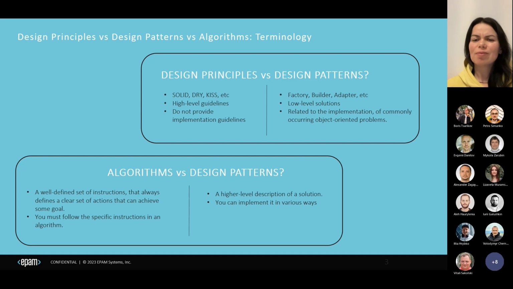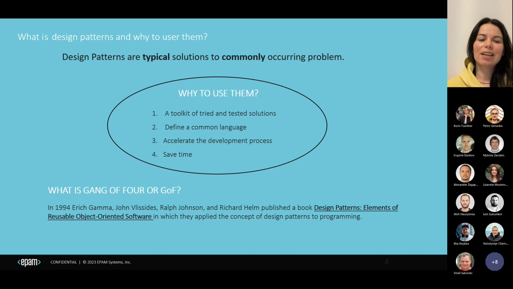And there will be three steps. We can see it like this. So you can implement a design pattern in various ways, whereas you must follow the specific instructions in an algorithm. That's one more difference.